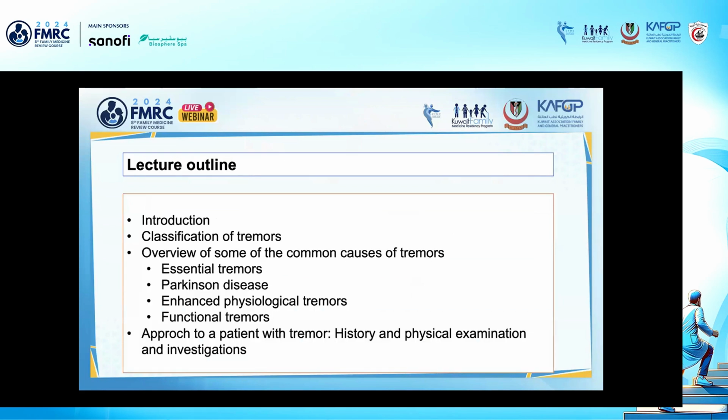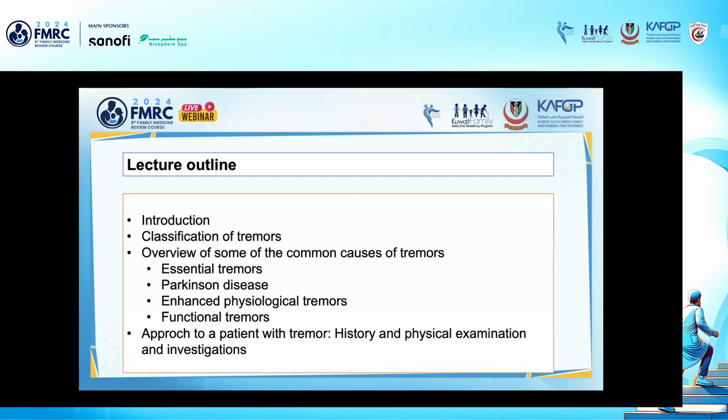The outline of my lecture: I will start with an introduction and then an overview of classification of tremors and some of the common causes of tremors like essential tremors, Parkinson's disease, enhanced physiological tremors and functional tremors, and lastly, how to approach a patient with a tremor in terms of history, physical examination, and investigation.